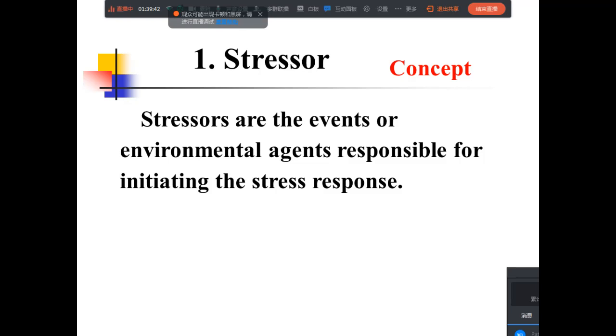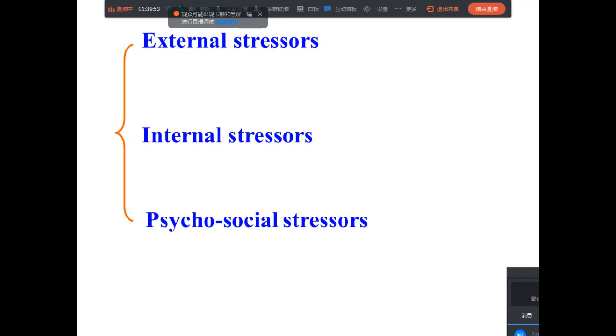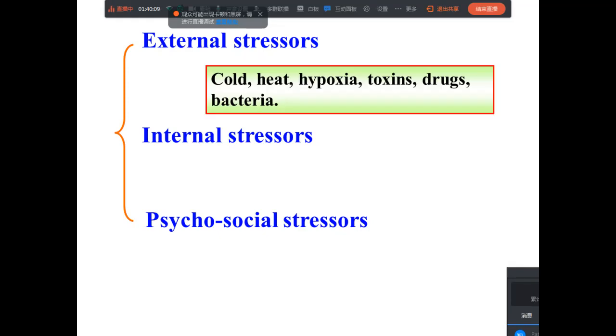Now, stressors are the events or environmental agents responsible for initiating the stress response. Now, stressors include three types: external stressors, internal stressors, and psychosocial stressors. External stressors include cold, heat, temperature increase or decrease, hypoxia, toxins, drugs, bacteria.